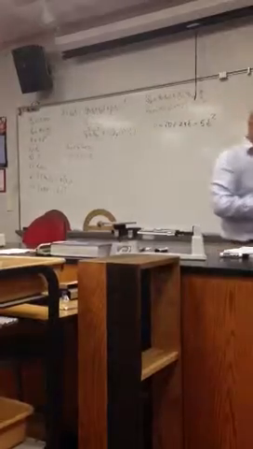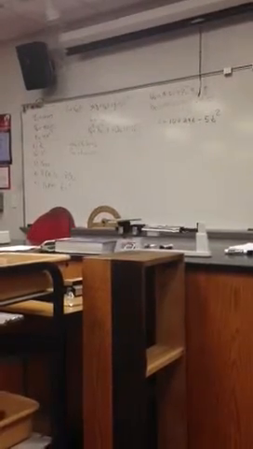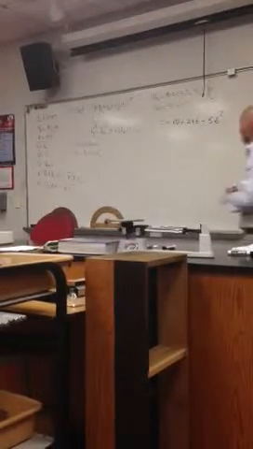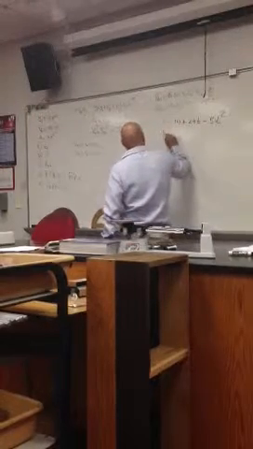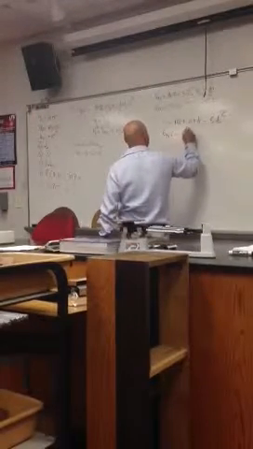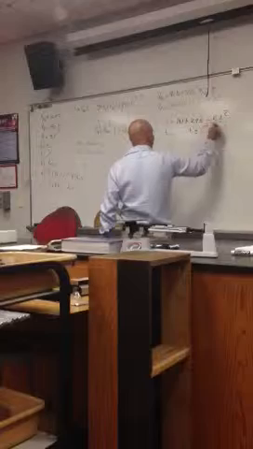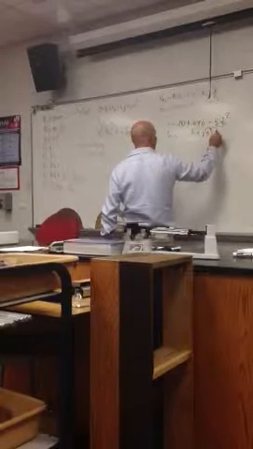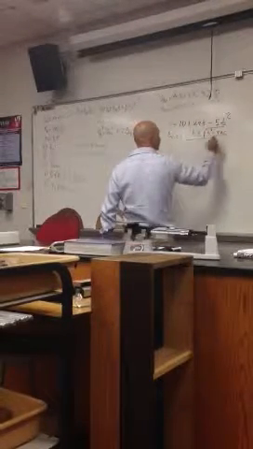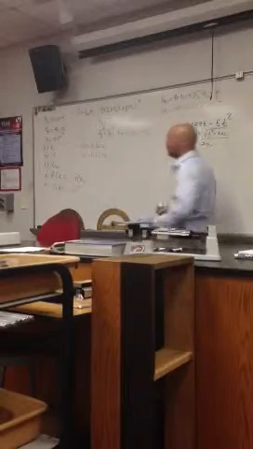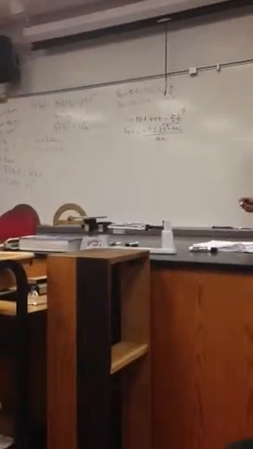How can I solve for time here? We use the quadratic formula. So t1 and t2 is negative b plus minus the square root of b squared minus 4ac divided by 2a. This is the way we solve for time.